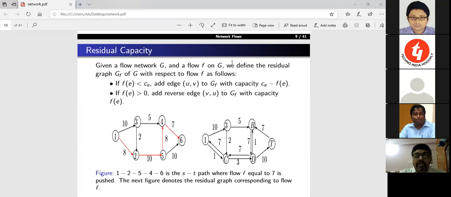A weak path is basically a path you would get if you remove the directions. So that's a weak path. All strong paths are also weak paths, but not necessarily is a weak path a strong path. Is that clear?